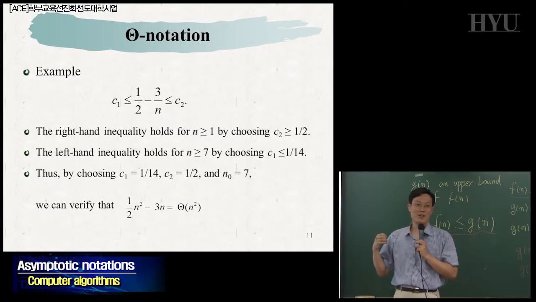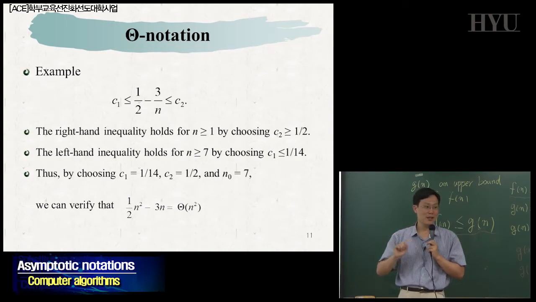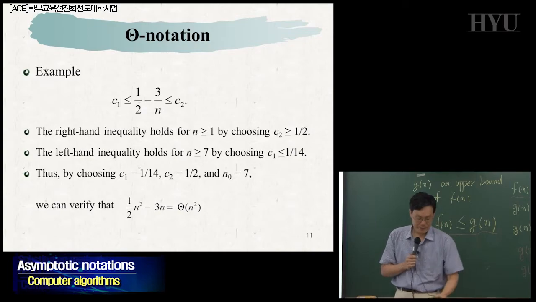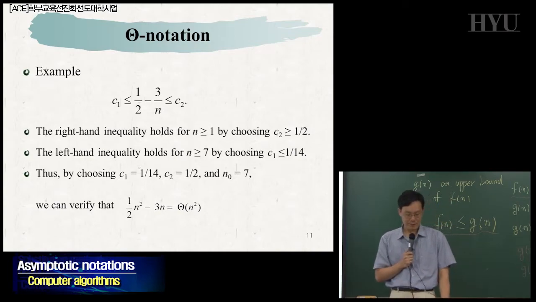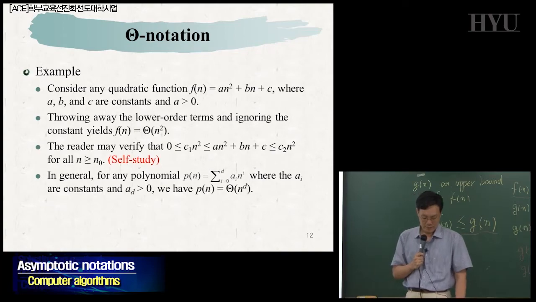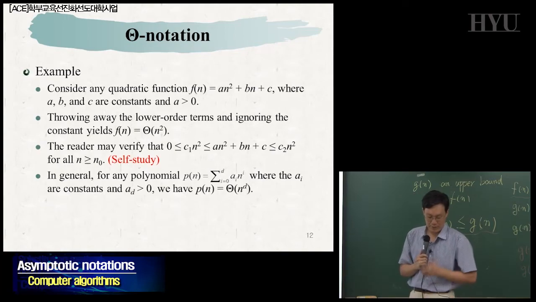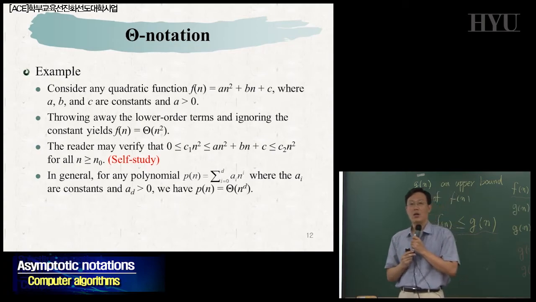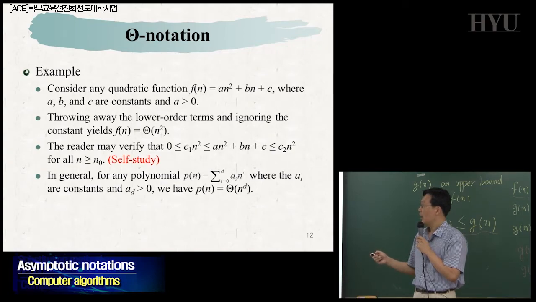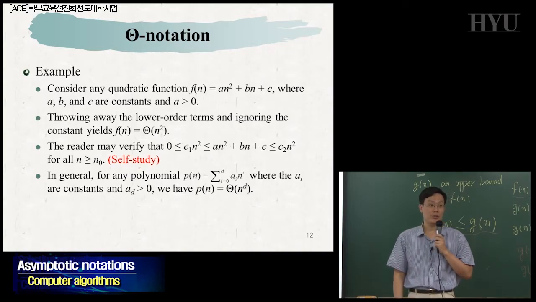It looks quite difficult, but if you practice several times, you will get used to it. In general, you can show that any quadratic function is theta of n squared.